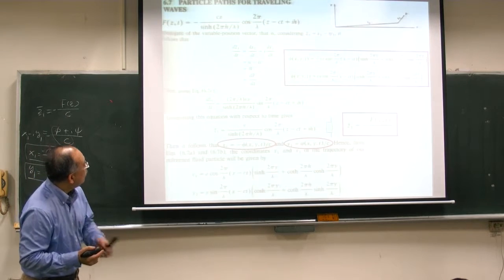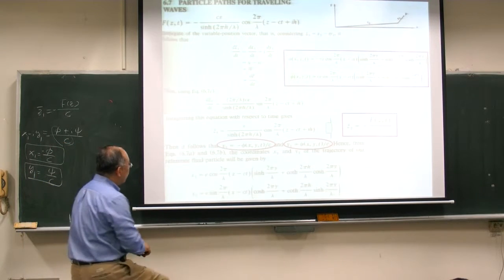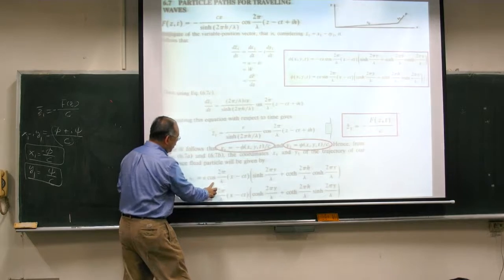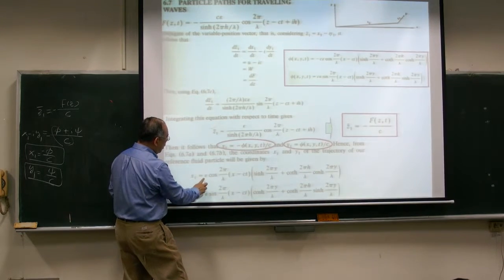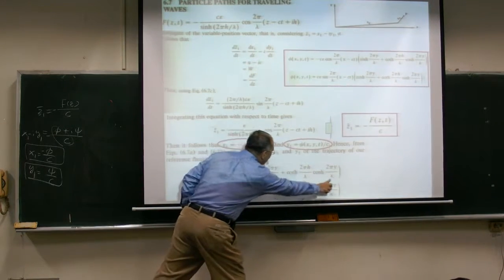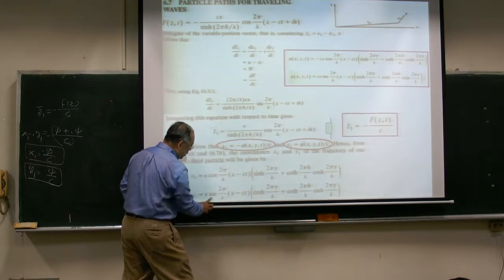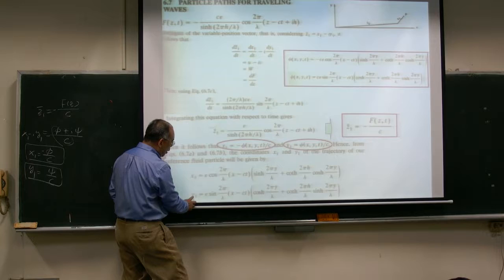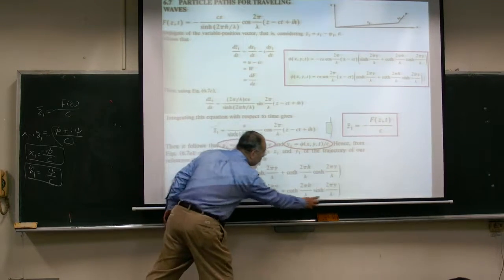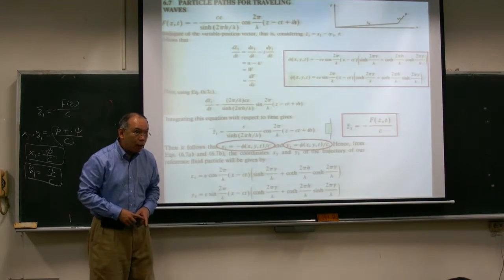Okay, so I use that, you can see this cosine function here can be written as x1 divided by this and this, give me this cosine function. And then the sine function here can be written as y1 divided by this and this, right? Can give me the y.